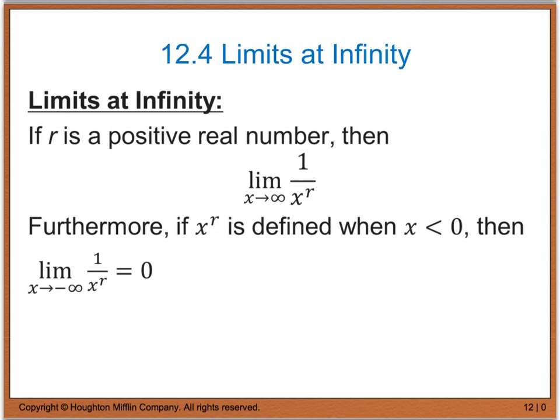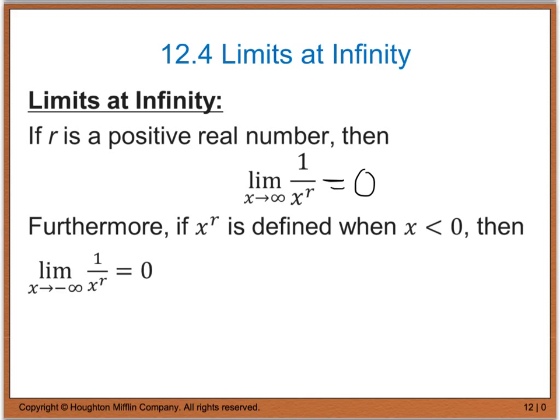To help us evaluate limits at infinity, we can use the given definition that says if r is a positive real number, then the limit as x approaches infinity of 1 divided by x to the power of r equals 0. Furthermore, if x to the power of r is defined even when x is less than 0, then the limit as x approaches negative infinity of 1 divided by x to the r is also equal to 0.